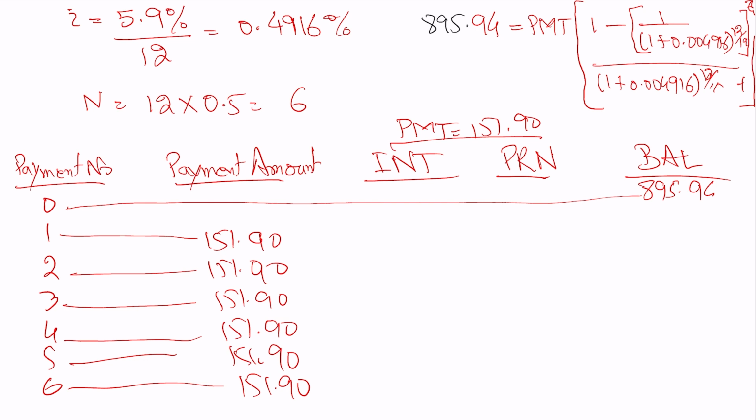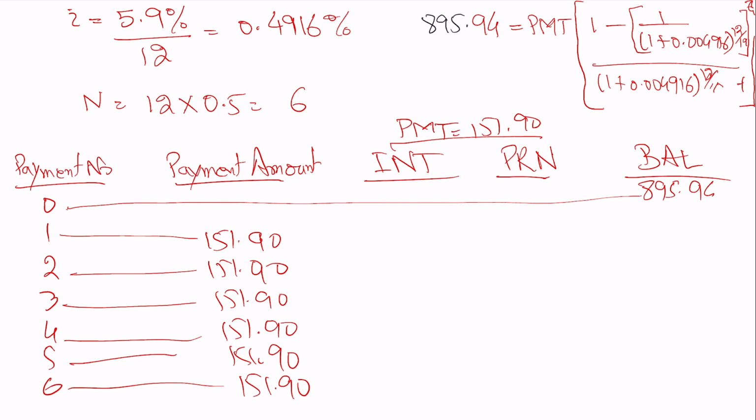Now, if we plug in the formula, you remember the formula: balance into 1 plus I exponent CY over PY, minus 1, where CY over PY is 12.